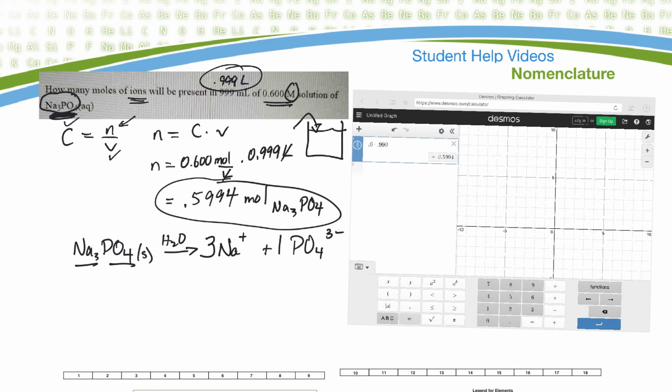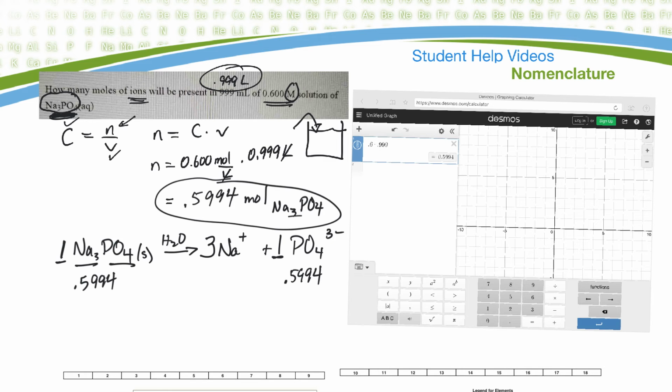So the number of moles of sodium phosphate I have is 0.5994. When I dissociate that, it breaks up into pieces. So I'm going to have 0.5994 moles of phosphate, just because the ratio is 1 to 1.